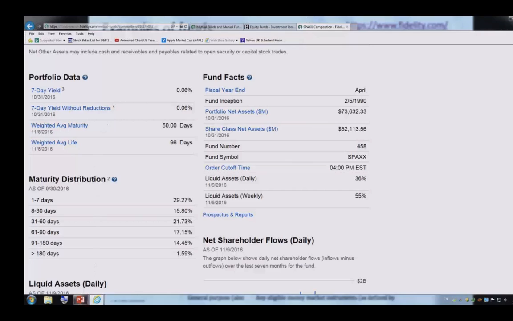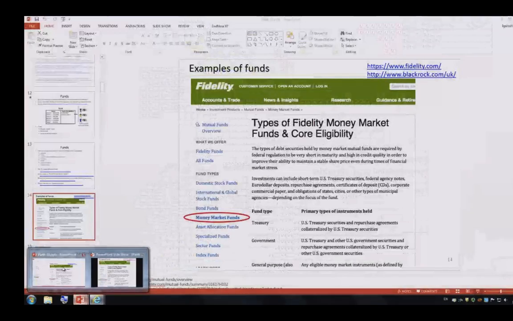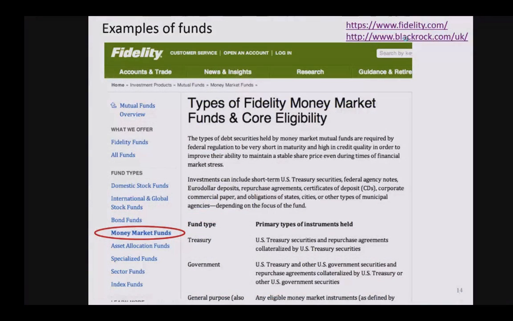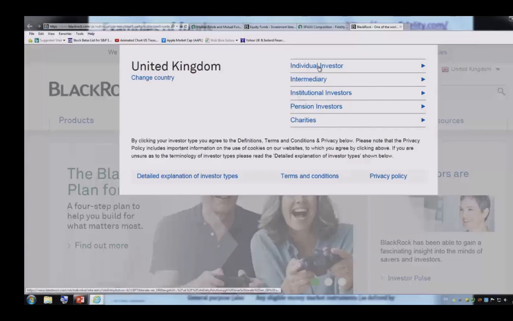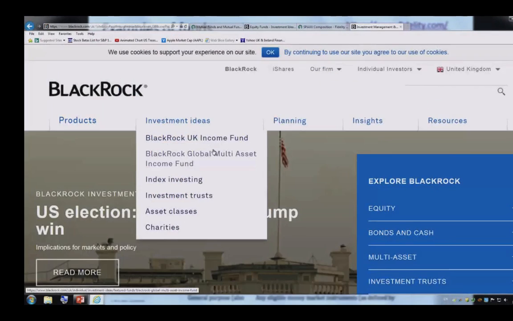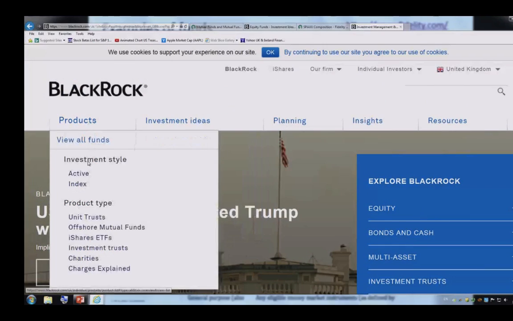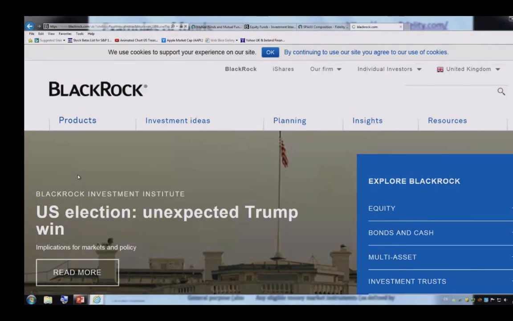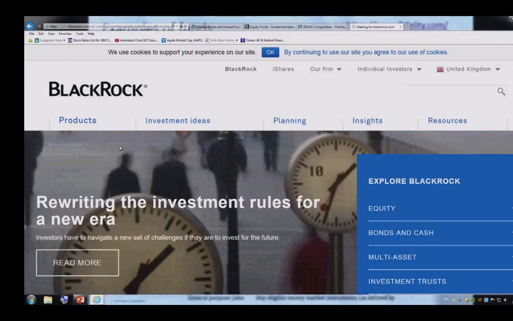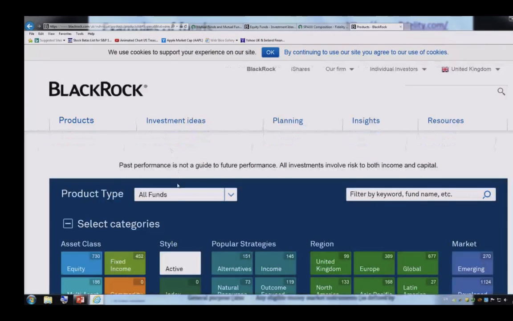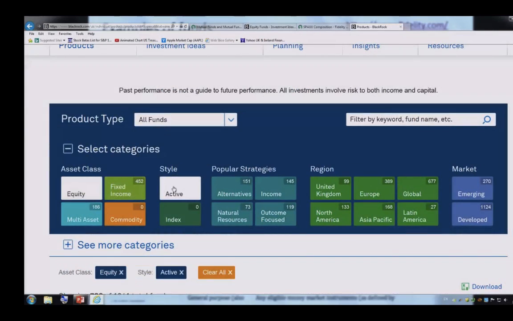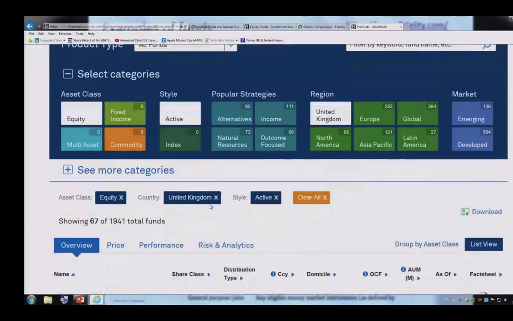Let's also look at BlackRock's website. Their product, active funds. Equity, active, United Kingdom.